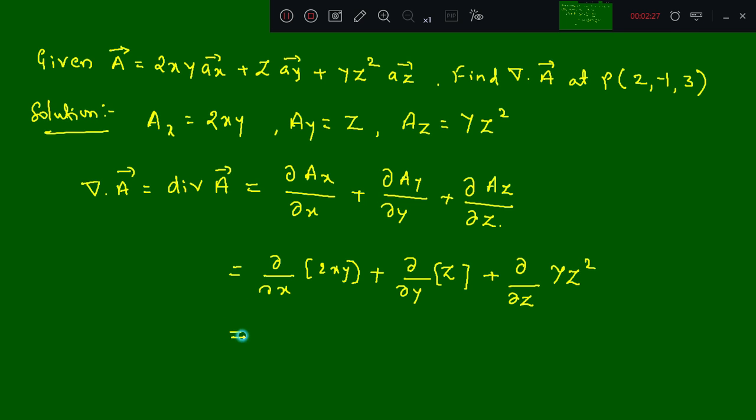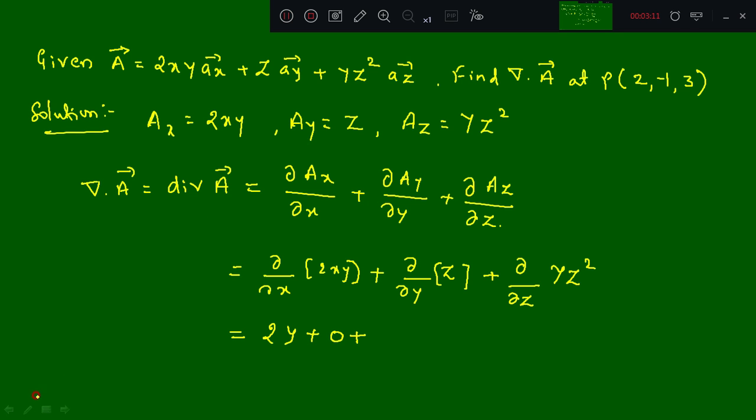The derivative of this is a partial derivative operation, so the y value remains as it is. 2 is a constant, and dou by dou x of x is 1, so it is 2y. Plus the derivative of z with respect to y is 0, so that value becomes 0.